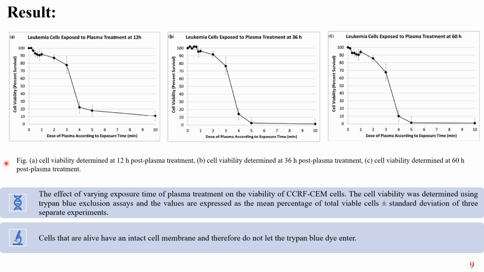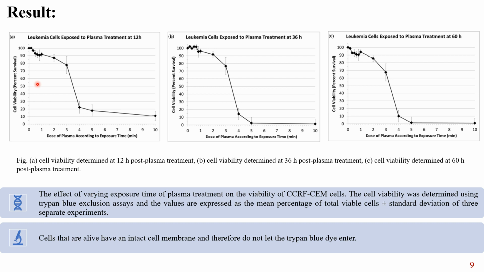The results, as you can see here, show that for the first 10 minutes the leukemia cells are exposed to the plasma, the killing of cells is higher because of the high exposure to plasma treatment. These three figures show the cell viability determined at 12 hours for the first one, 36 hours for the second, and 60 hours post plasma treatment for the third.